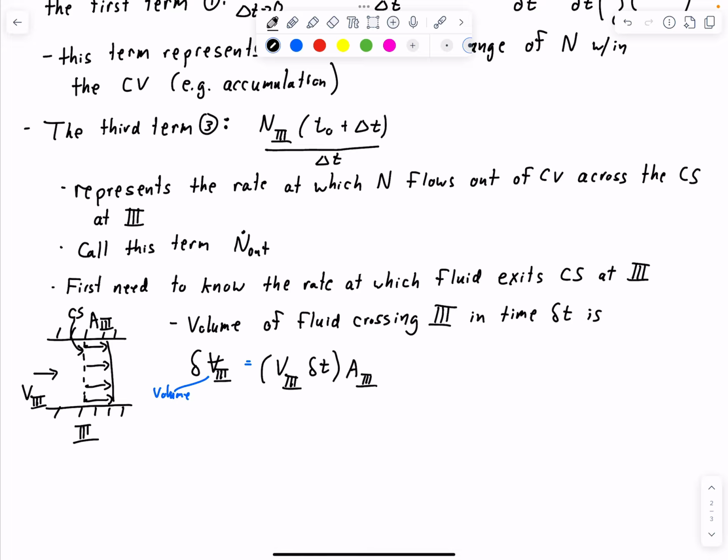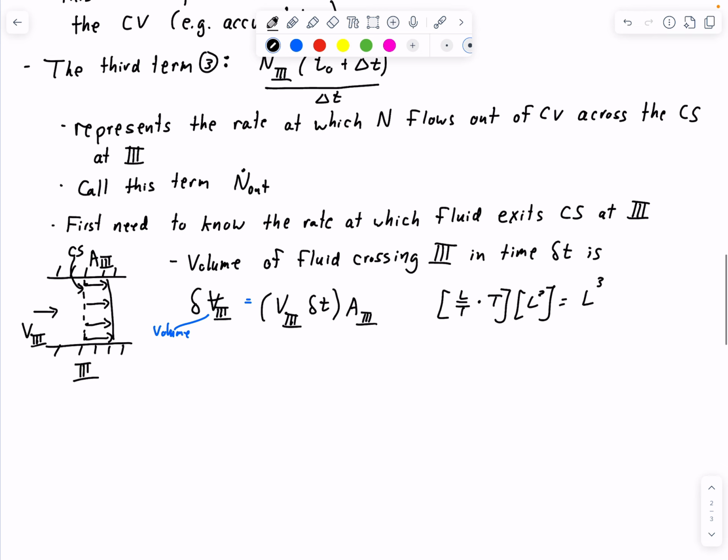Just to illustrate this a little better, we have dimensions of length per time multiplied by time, and then multiplied by length squared, and this gives us length cubed. So that gives us the volume of the fluid which is crossing this surface in the amount of time delta t. So that's the fluid crossing, but that's not necessarily the amount of the extensive property which is crossing.